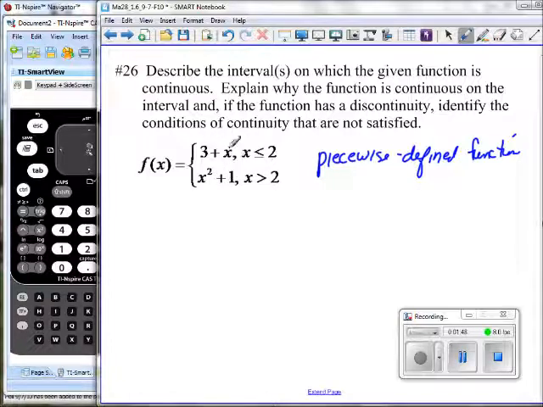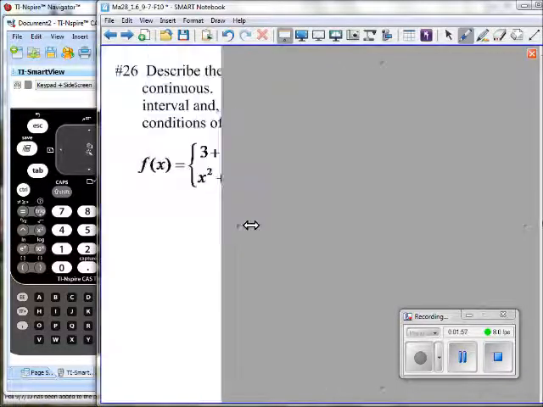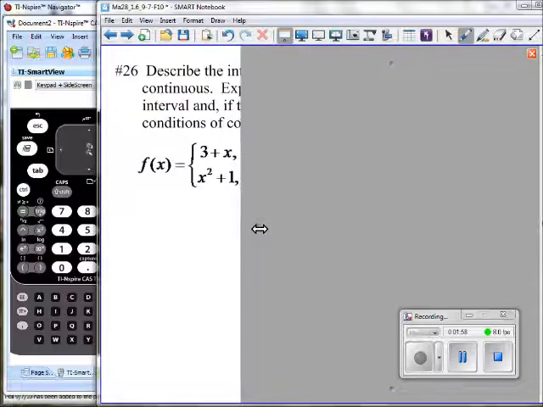Now, forget about that piece over there. Individually, is 3 plus x continuous? Everywhere, right? It's a polynomial. X squared plus 1, continuous? Everywhere. It's a polynomial.